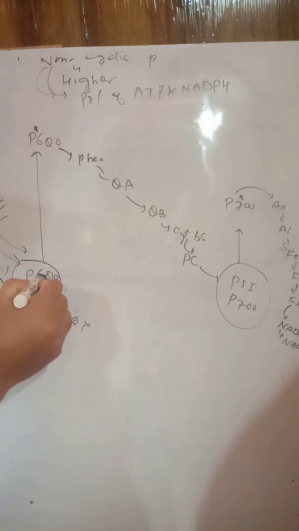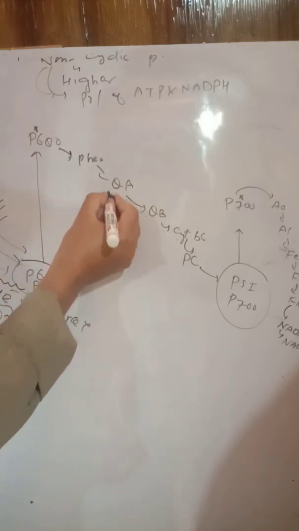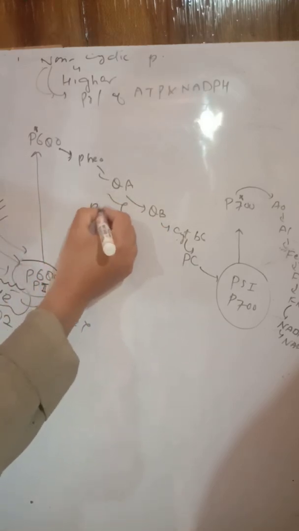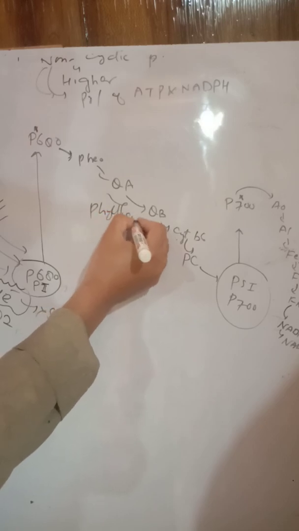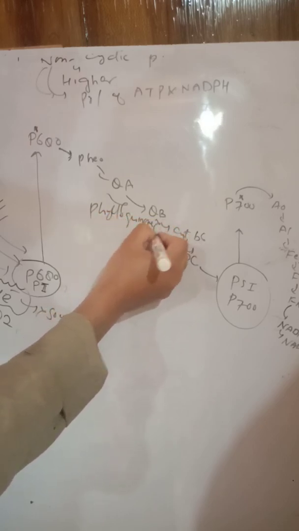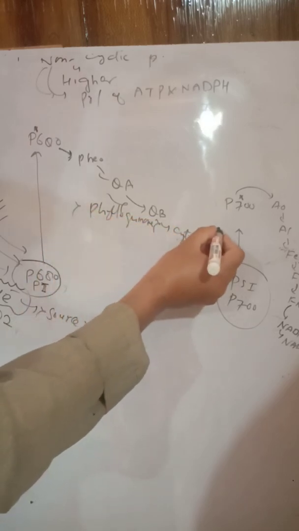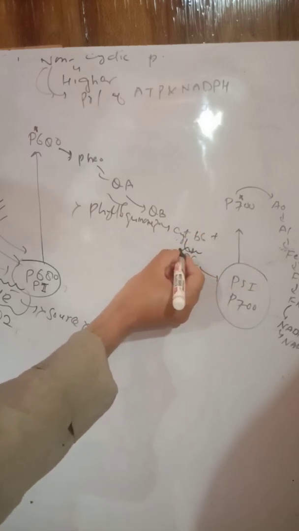So first of all, there occurs photolysis of water, in which there is production of protons, electrons, and oxygen. Then P680 gets excited and transports its electron to pheophytin. From pheophytin to QA and QB, which are phylloquinones. From this to the cytochrome B6 complex, then to plastocyanin. Plastocyanin transports the electron to pigment system first.